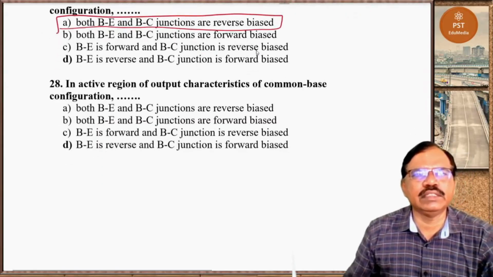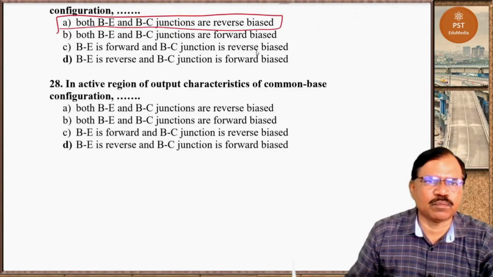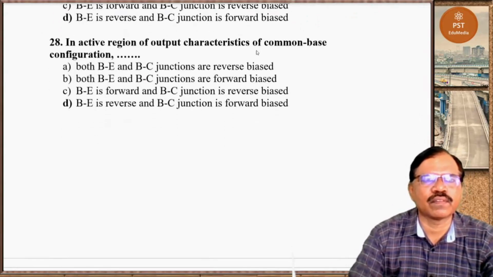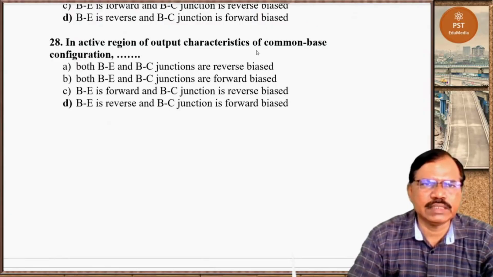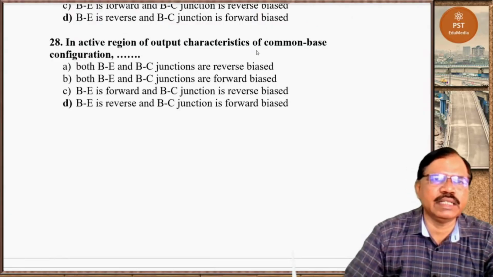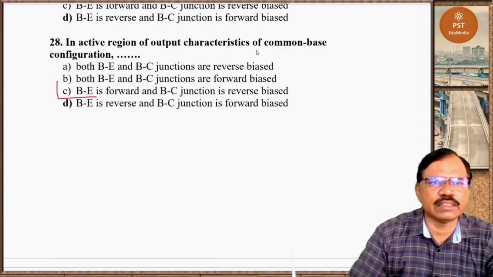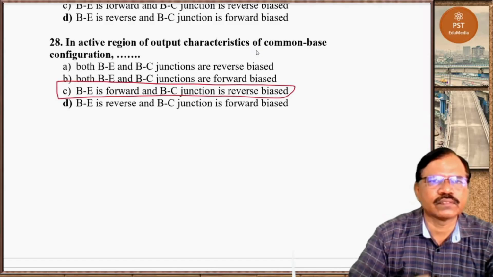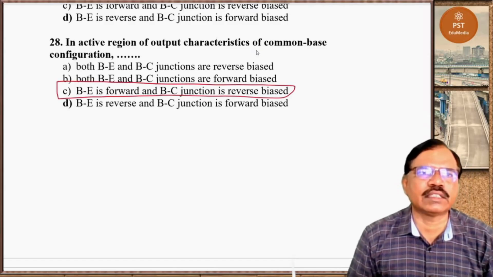In the active region of the output characteristics of common base configuration, the base emitter junction is forward biased and the base collector junction is reverse biased. So this one is correct.